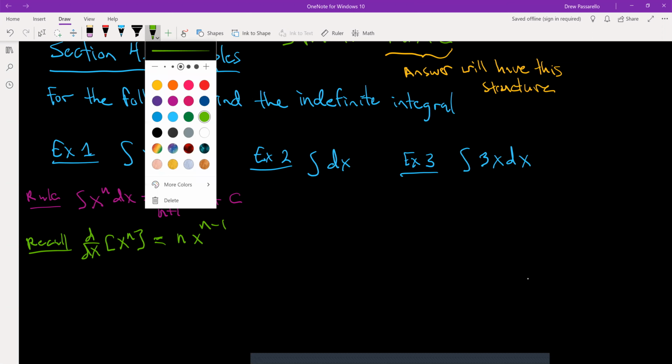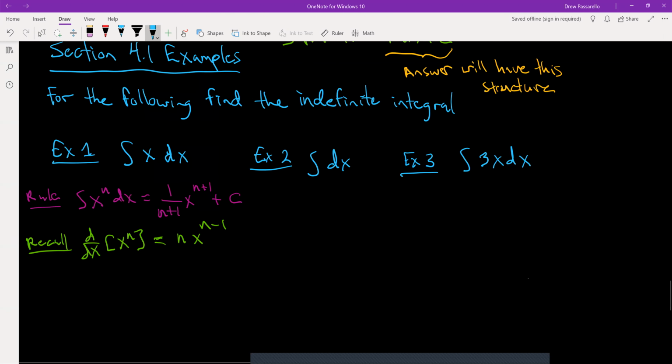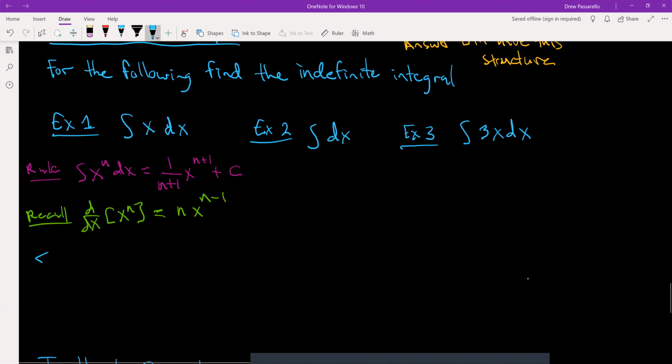So for our case, when we're integrating x, you could write x as x to the first power. All right, so our exponent is 1. So this will equal 1 over 1 plus 1, and then x raised to the 1 plus 1, plus c.